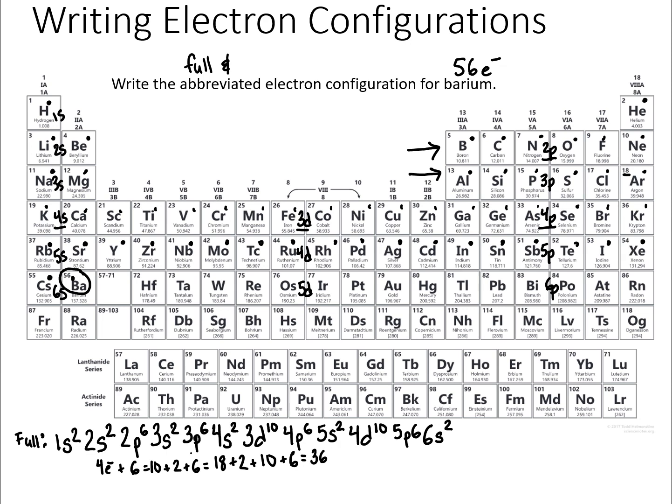I stopped all my counting here. So let's see. 36 would be 4p. So there we go. 56 electrons. That is the full configuration. You see how long that took?